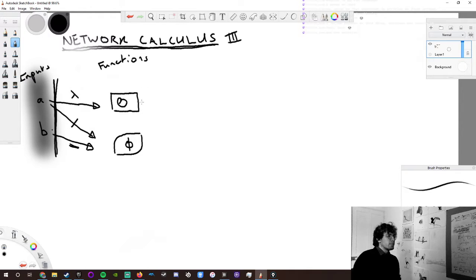They always output a single number, and we have our outputs.